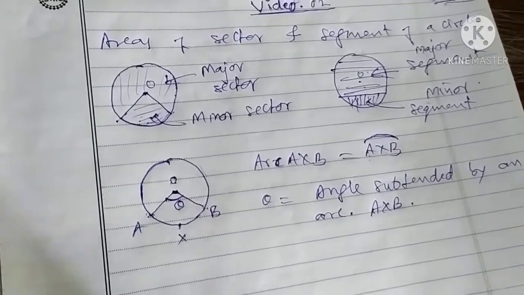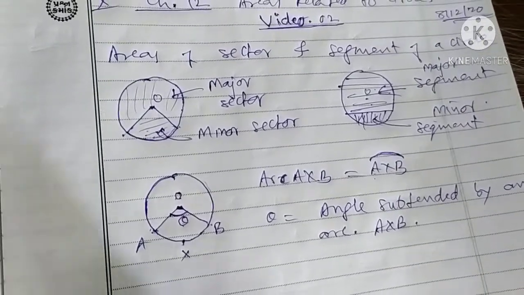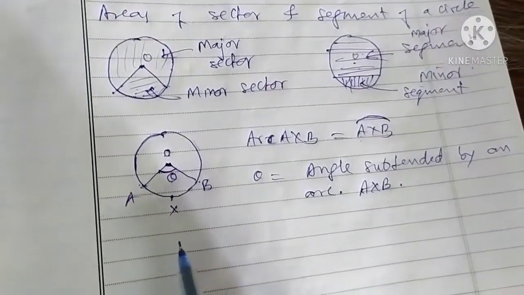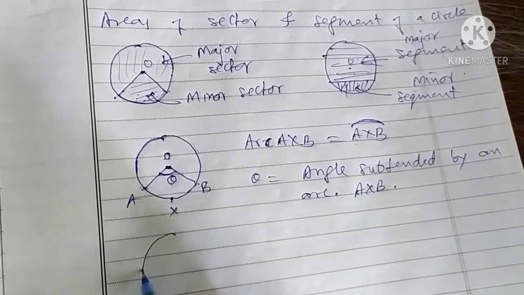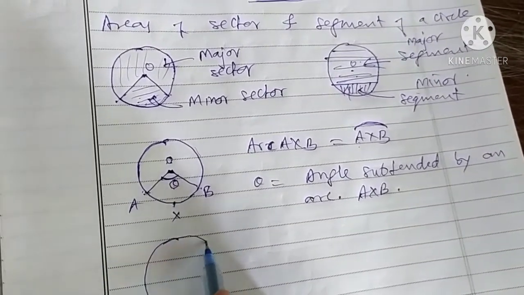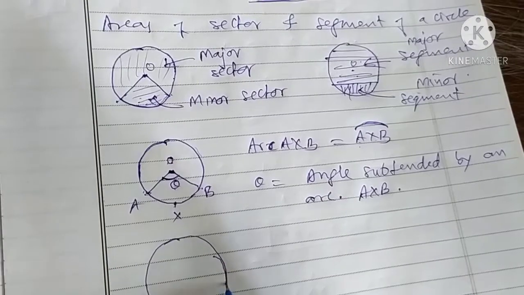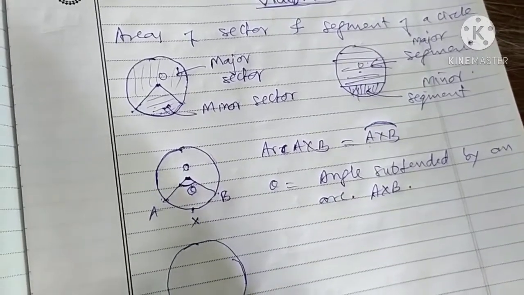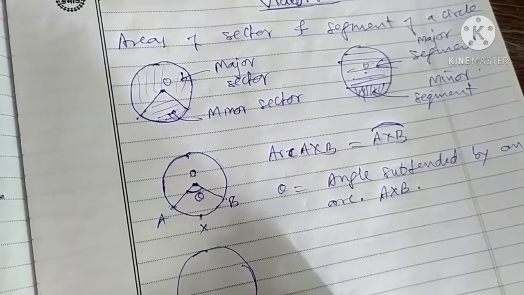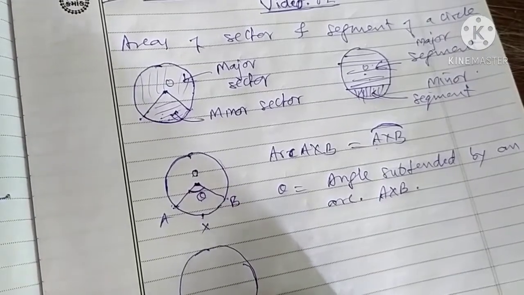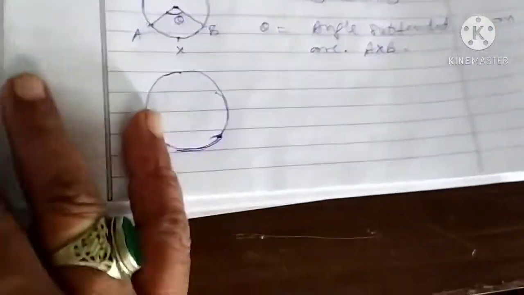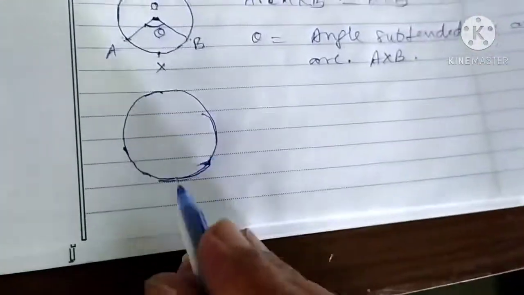Now again, see, I am drawing a fourth diagram just to make it very clear, so that we will learn and remember these terms, and formulae we are going to write directly, because proof of formulae is not in syllabus. Okay, see now, again I drew this circle.